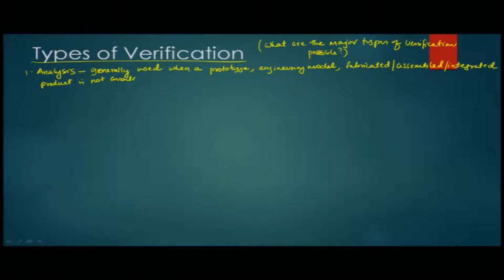So, when you really do not have a product available with you, neither a prototype nor an engineering model nor a fabricated assembled integrated product, that is when the analysis is used.